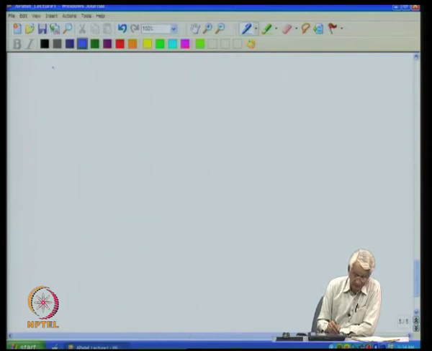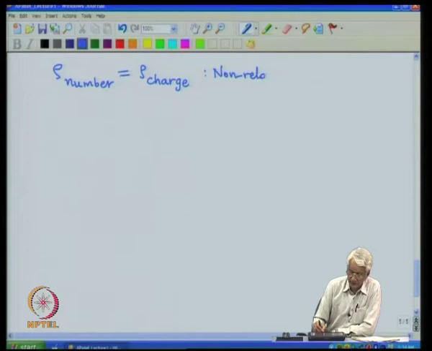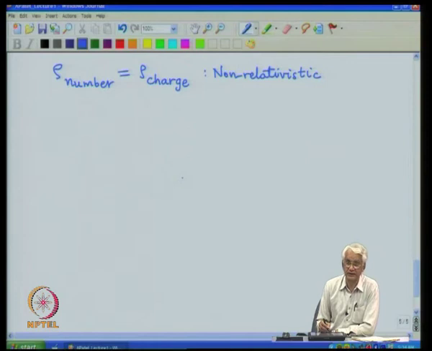In case of non-relativistic mechanics, we could label this rho as a density, but that density could be either the number density or the probability, or it could be also interpreted as a charge density for the particles, and both these objects are equal in non-relativistic formulations, and one can use either as a physical realization of what we mean by this particular mathematical variable.